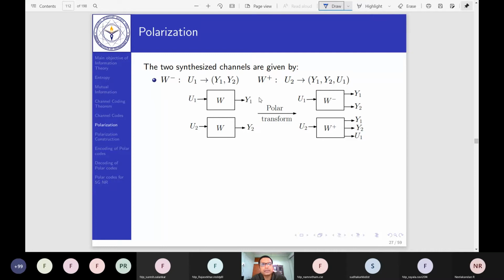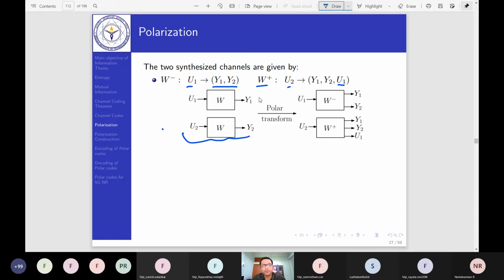For W minus, U1 is the input and Y1, Y2 are the output. Okay, so what is actually happening? And for W plus, U2 is the input and Y1, Y2 are the output, and U1 is also part of the output. Okay, so without polar coding, the situation is like this.